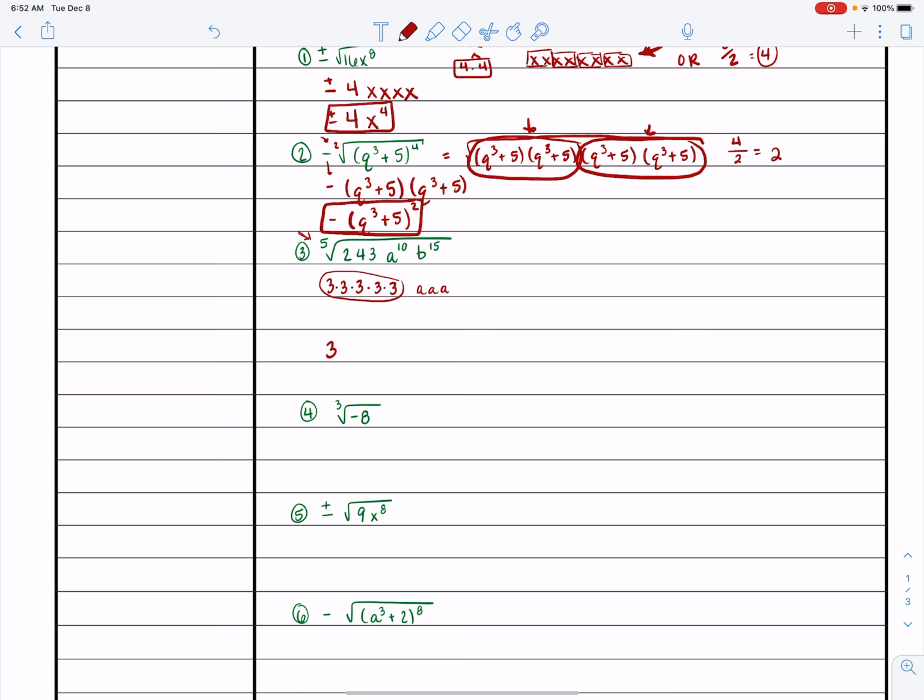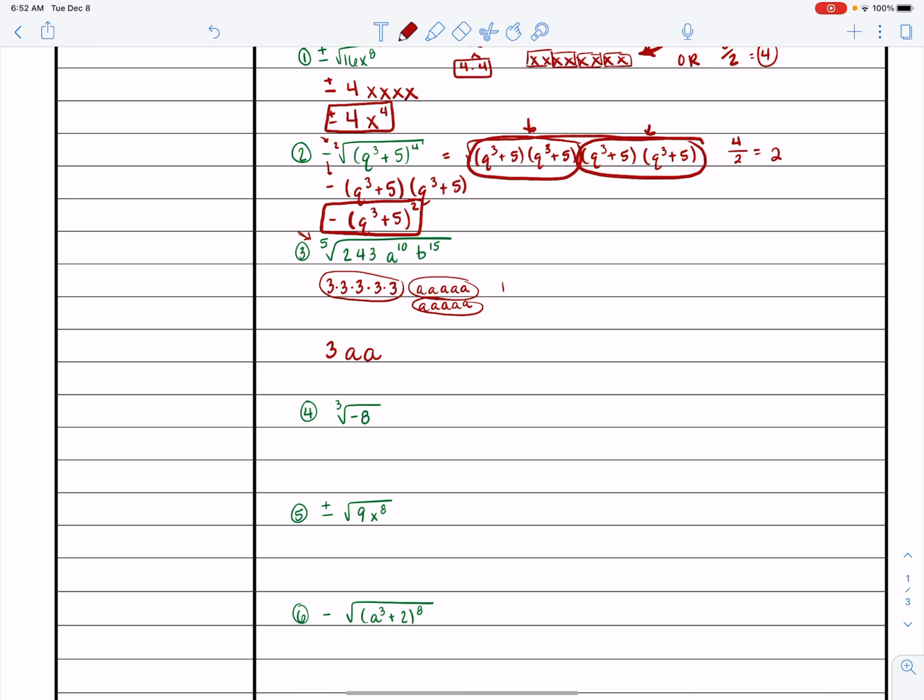A^10 is really A times itself 10 times. And for every set of 5, I can take one outside. Well, I have 2 A's outside because there are 2 sets of 5 A's.